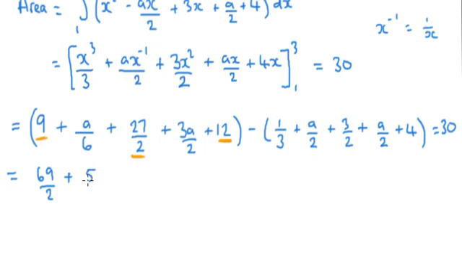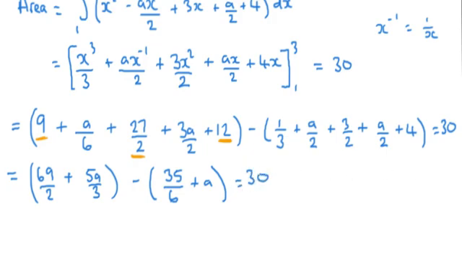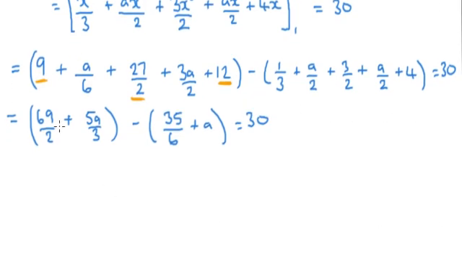So we've also got, for the first bracket, 5a over 3. Second bracket, we've got a third, 3 over 2 and 4, which is 35 over 6. And the a terms, we've got an a over 2 and an a over 2, so that's a whole a. So it's already looking a bit better.